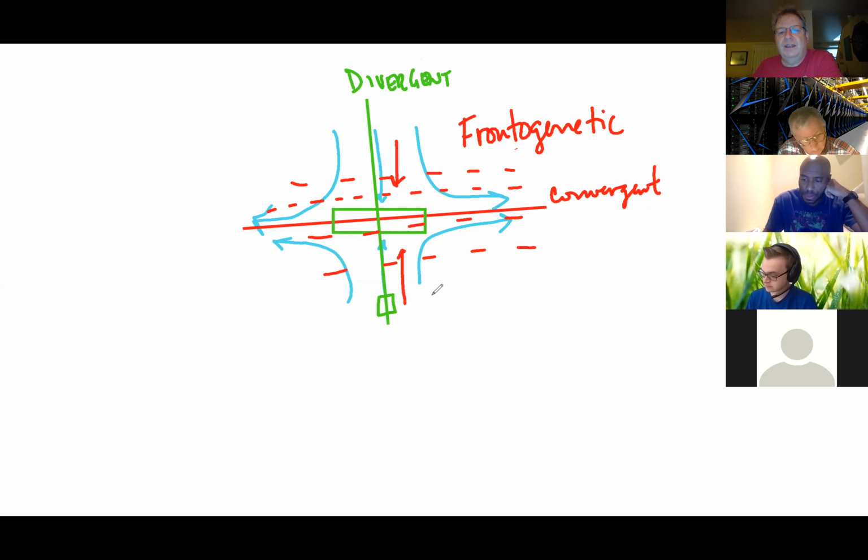So that would be frontogenetic. And this is what's known as a col point, or a saddle point. So you have flow that's this way, this way, this way, this way. That's a col point.